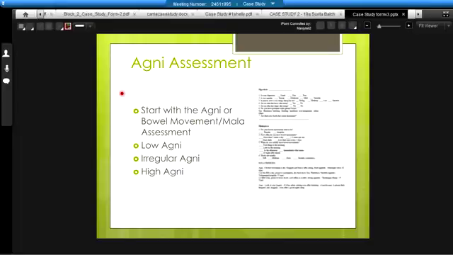Agni is very important, so even before you recommend any herbs to a client, you have to look at Agni first. This is something that Monica Ji always stresses, that a lot of times you go to different types of practitioners and they'll start giving you medications. We'll try this herb, try that herb.